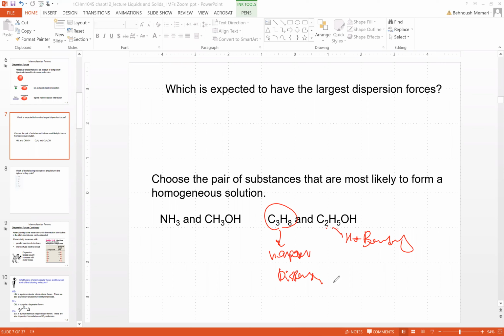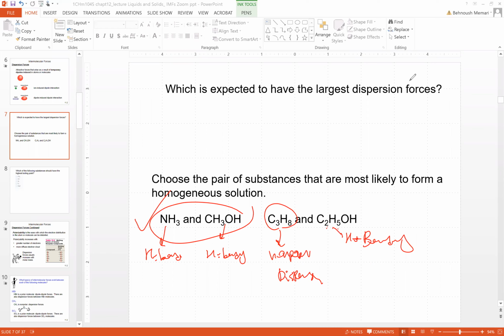They're not going to make a homogeneous mixture because the intermolecular forces are completely different: one is H bonding and one is dispersion. For NH3, because it has an NH, it is H bonding, and CH3OH is H bonding. H bonding is going to give a homogeneous mixture, so this is the answer to the question.